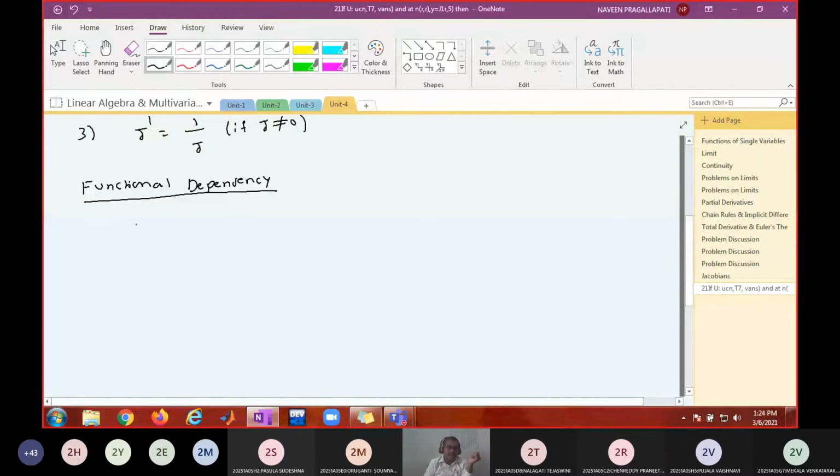Okay. So write down the definition. I'm going to write down the definition of general form, general n number of functions, that will be applicable for 2 functions or 3 functions.